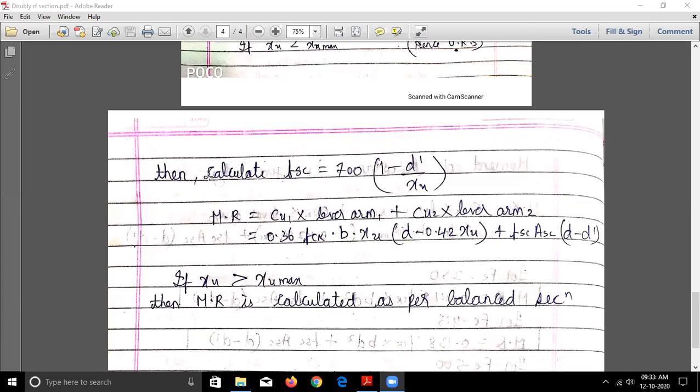After that you will find out the neutral axis XU, and then XU max on the basis of the type of section, that is under reinforced or over reinforced. Then you will find out the MR. After finding the MR, by equating MR with the load on the beam, you will get the UDL and then the safe UDL. Is that fine?